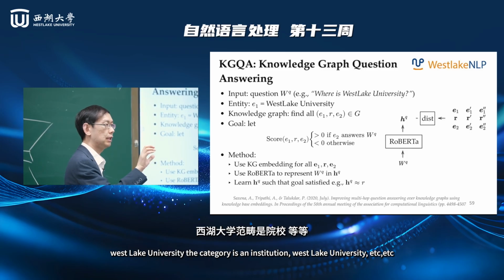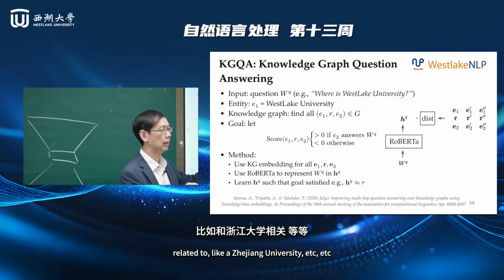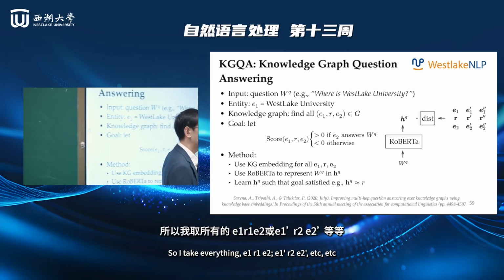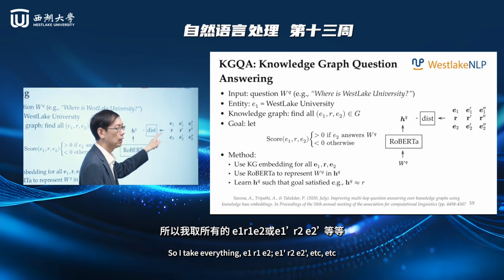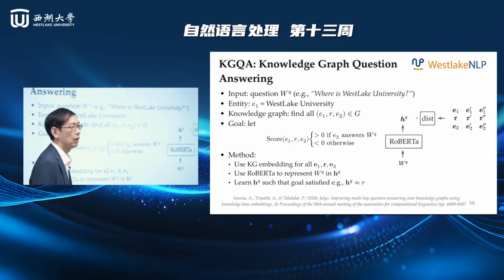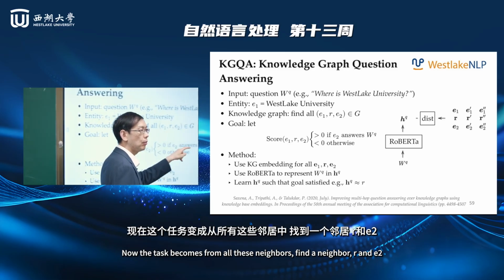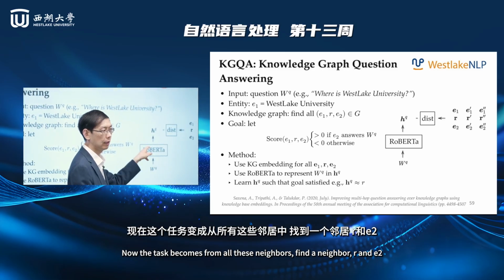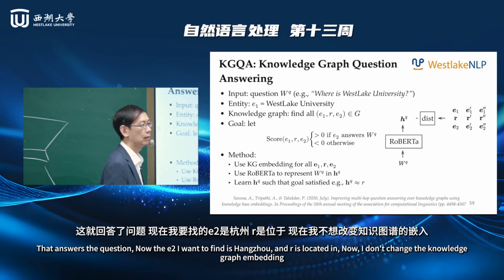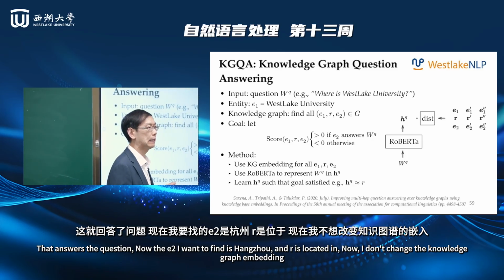And Westlake University, etc., is related to Zhejiang University, etc. So I take everything: E1, R1, E2, E1, R2, E3, E2 prime, etc. Now the task becomes, from all these neighbors, find a neighbor, R and E2, that answers the question. Now the E2 I want to find is Hangzhou, and R is located in.